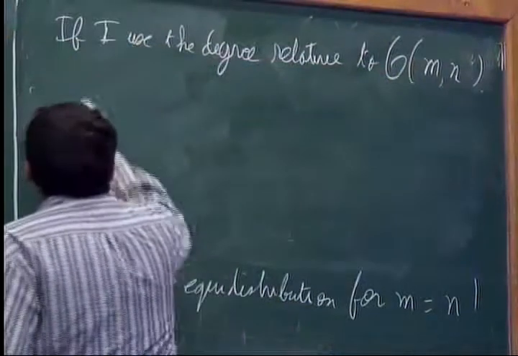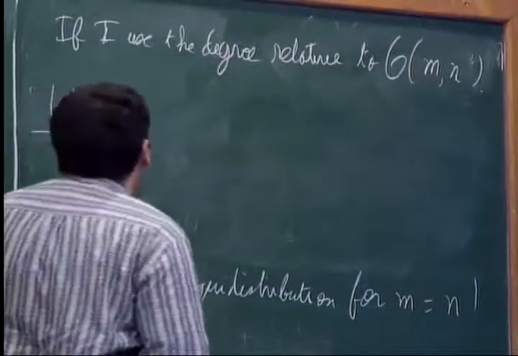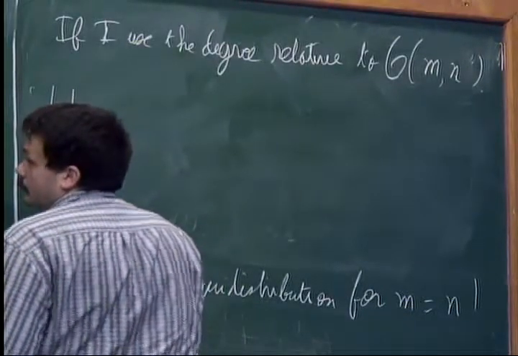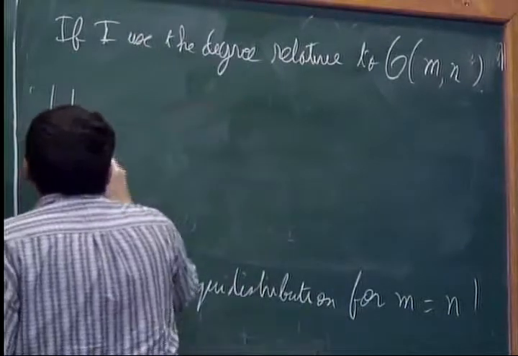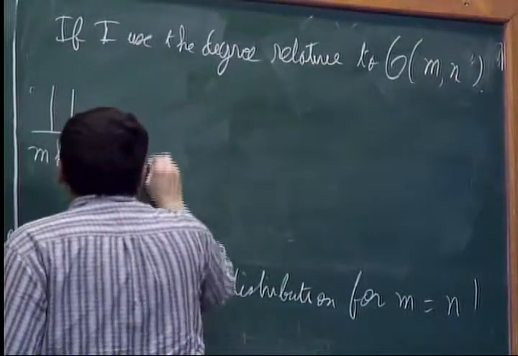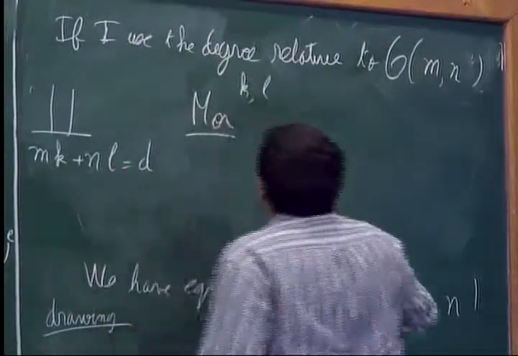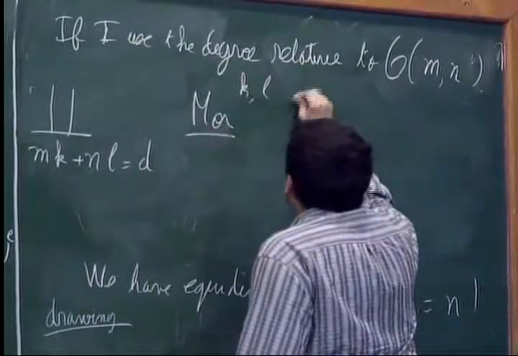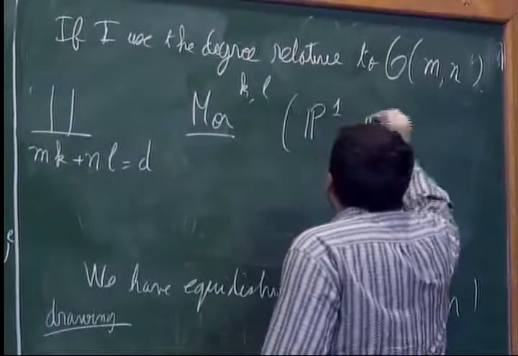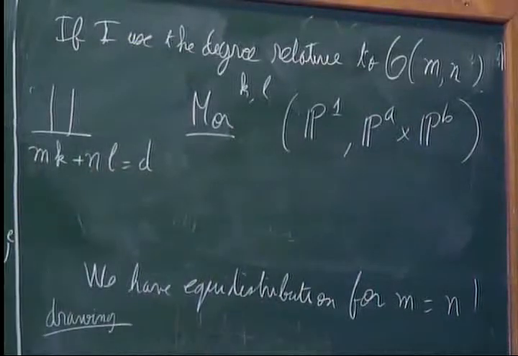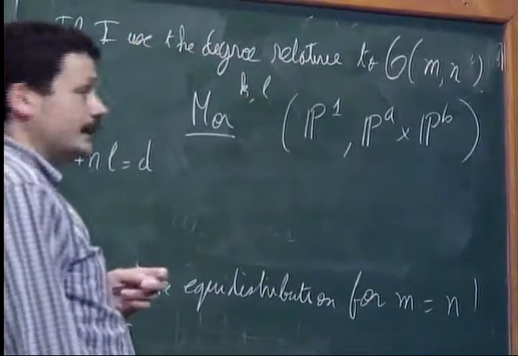Well, I get simply a disjoint union over m k plus n l equals d of the morphisms of B degree (k, l) going from P1 to P^a times P^b. Right, and this decomposition corresponds to, in fact, the connected components of this scheme.